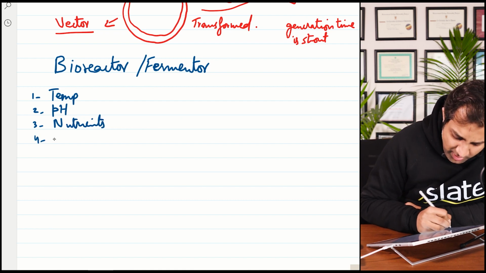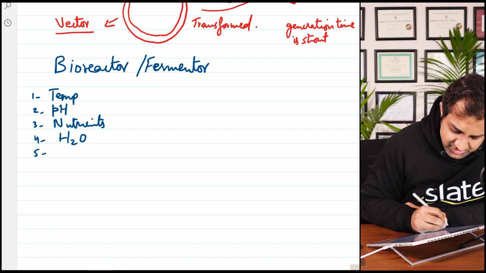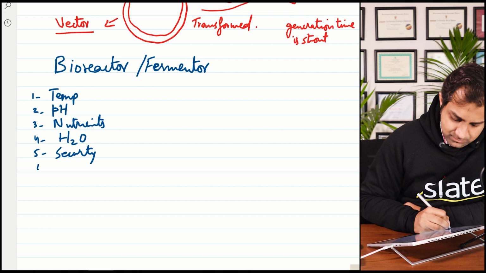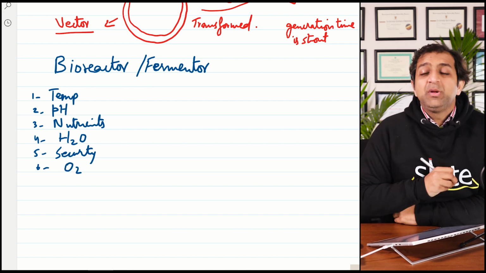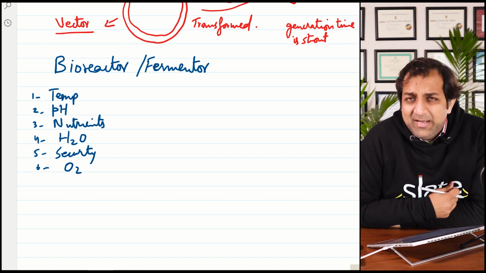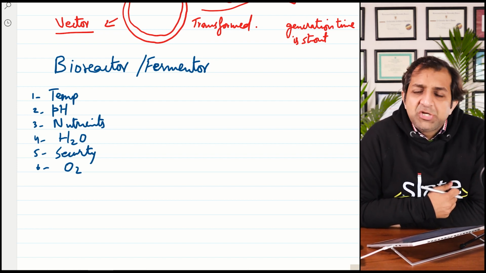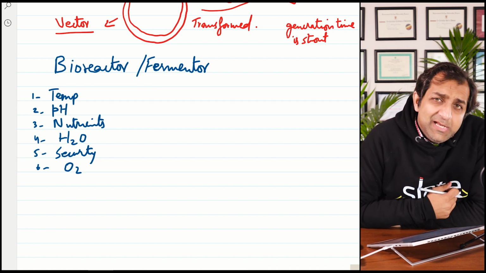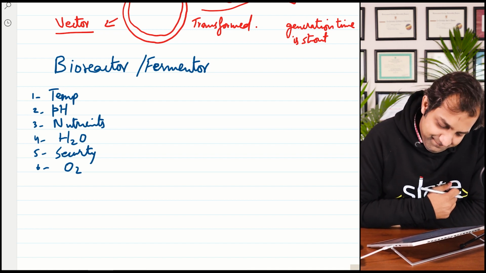You need to give them water. You need to give them security. And you need to give them oxygen. If you provide all of these things to bacteria, they will grow and start producing your product of interest. So let's see how these things are managed inside a fermenter.